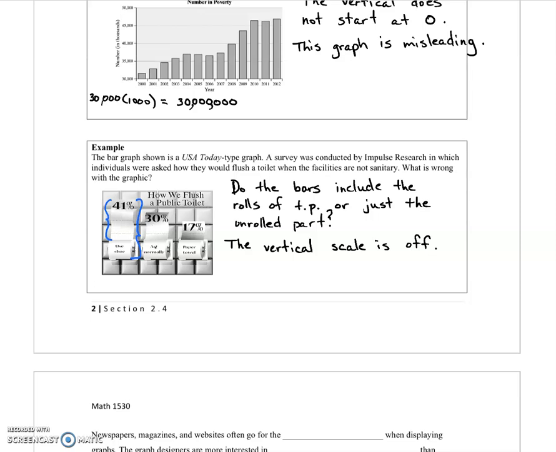And 30 to 41 is only an 11% difference. But it looks like it's the same. And so that's not good. So this one, again, is misleading. I don't think it was done deliberately.